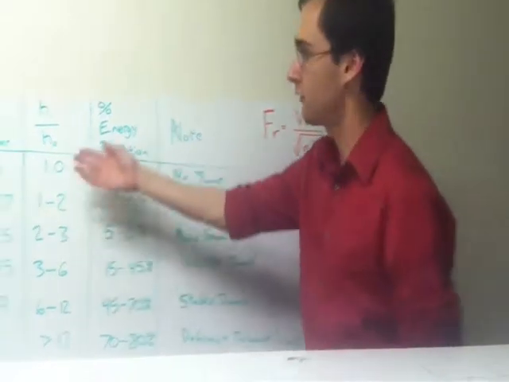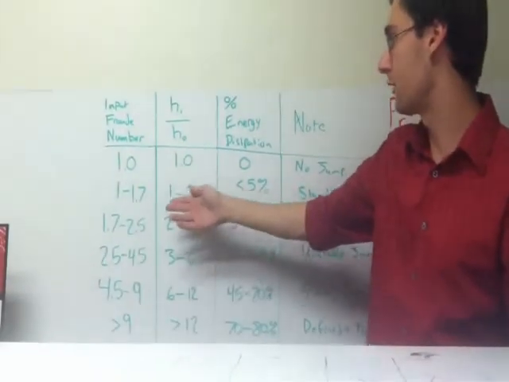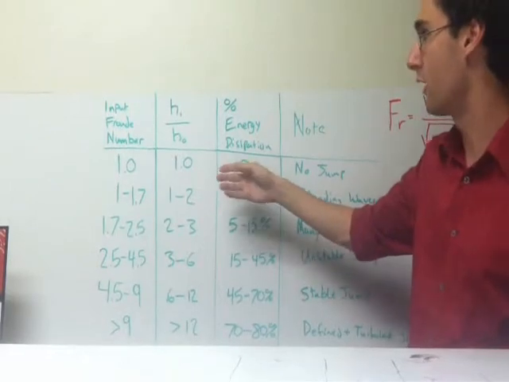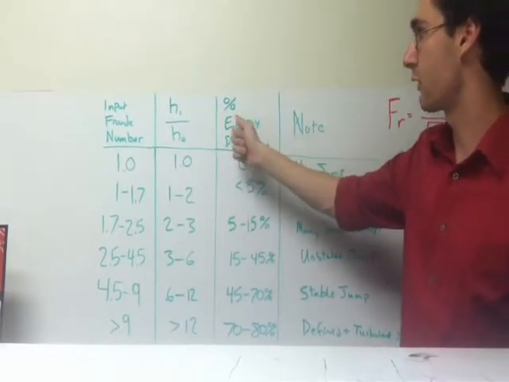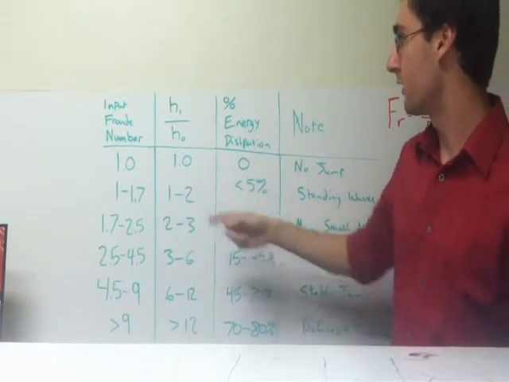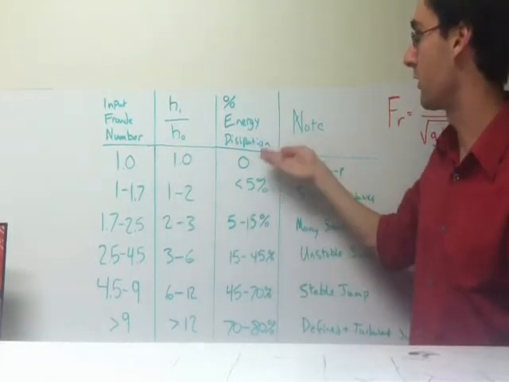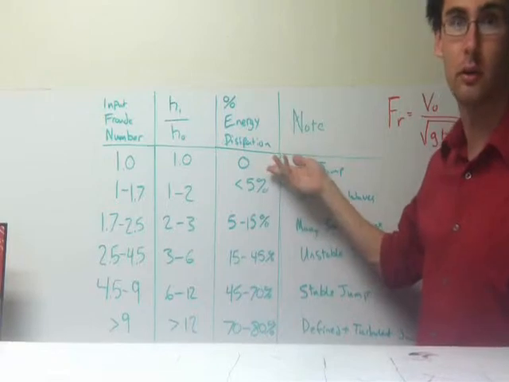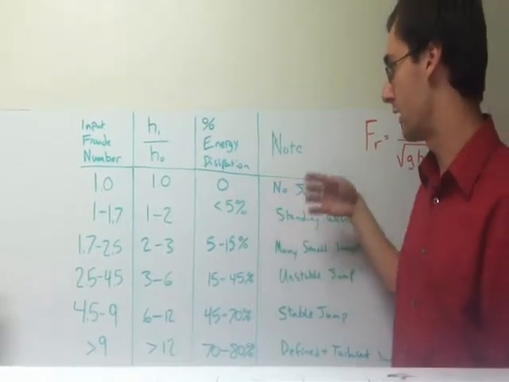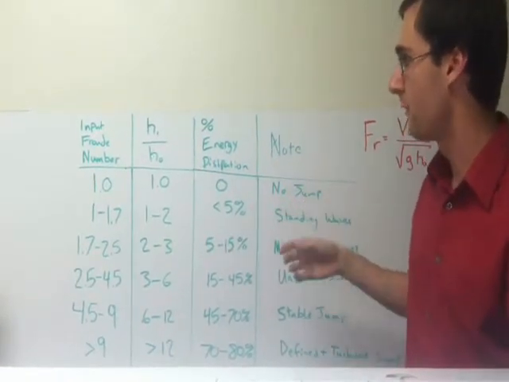So as you can see from the table that we've devised by going through different calculations of the ratio equation for heights and the Froude number, with a Froude number of 1, there's no hydraulic jump and you don't lose any energy due to the turbulent flow that a hydraulic jump will cause.